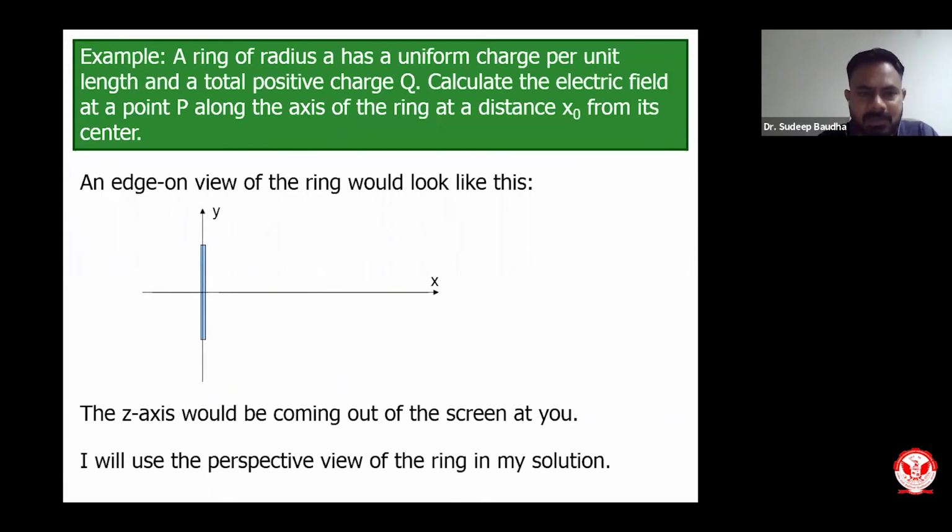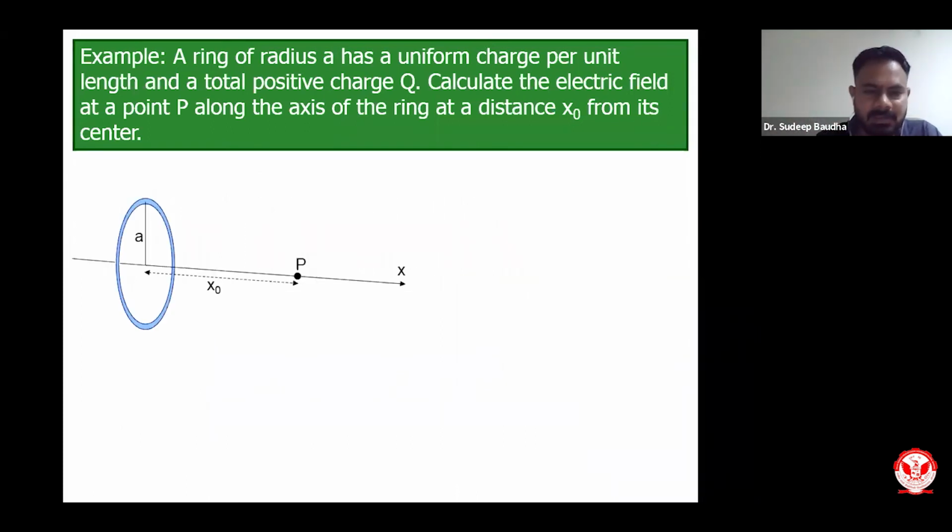So instead of using this, actually in planar structure, we should always use this particular diagram. But since many students find it difficult to understand it, I will be using perspective view, which is in this particular form. So this will always show you that I'm talking about a ring. Okay.